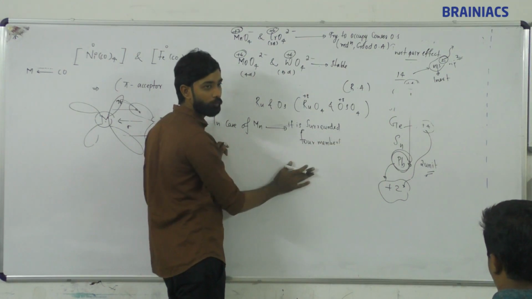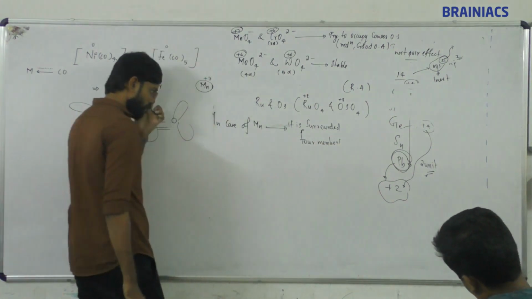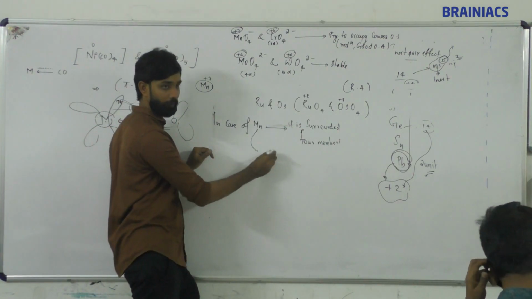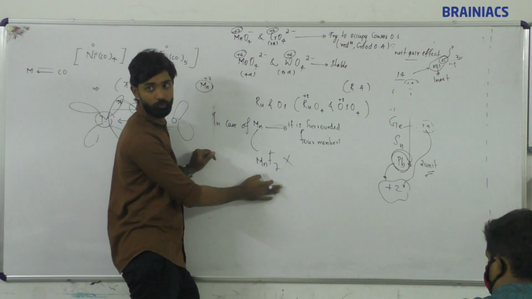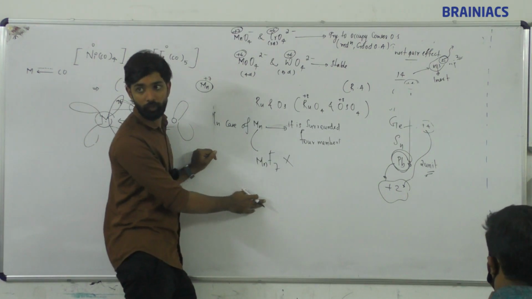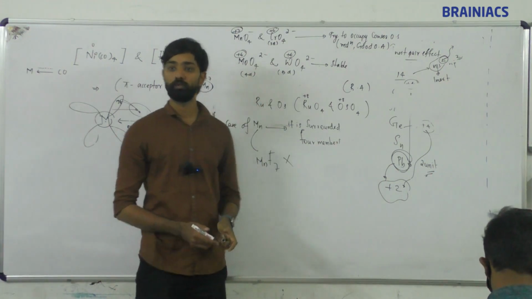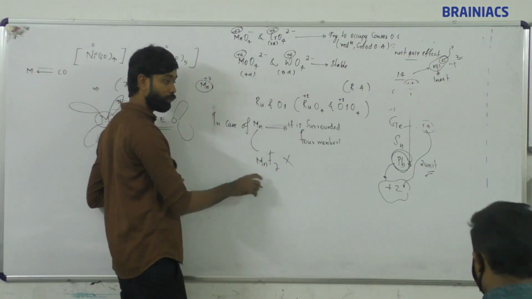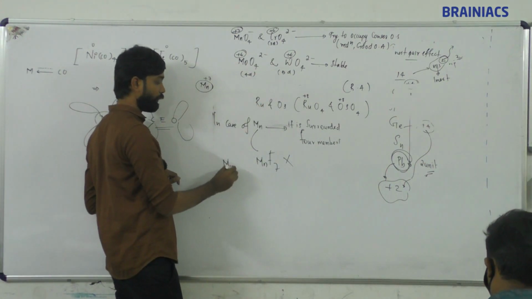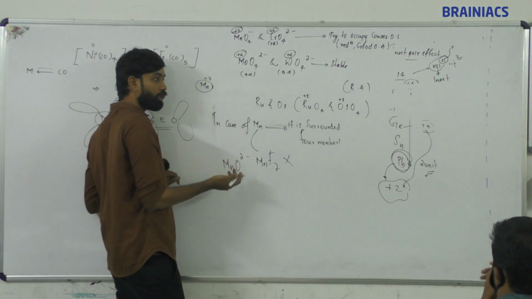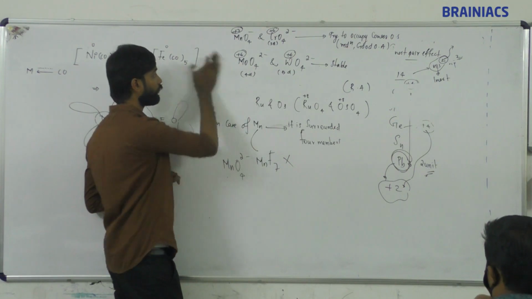So MnF7 is not possible. The higher oxidation state of manganese is not satisfied by fluorine, but it can be satisfied by oxygen. And what is the reason that we can say that?